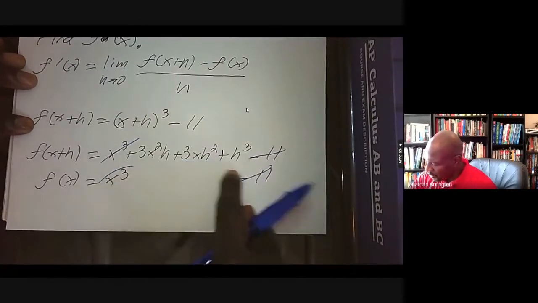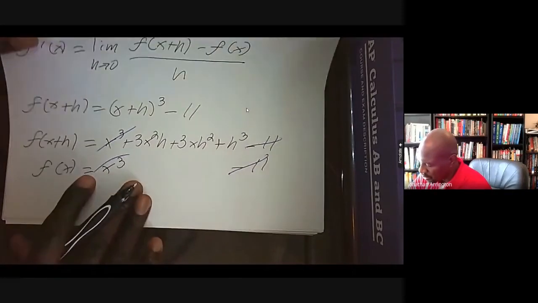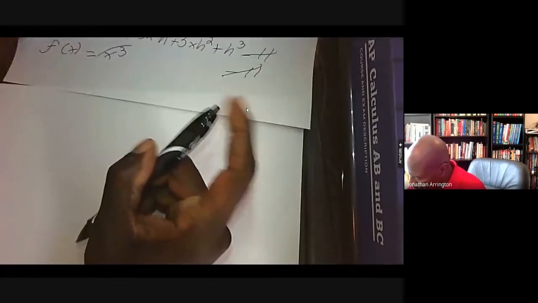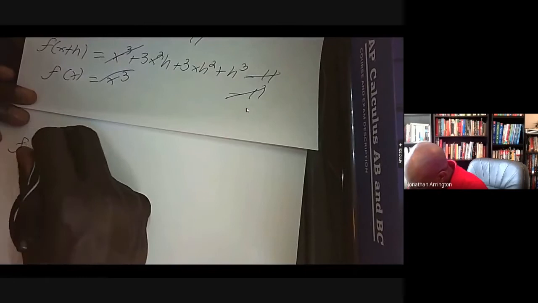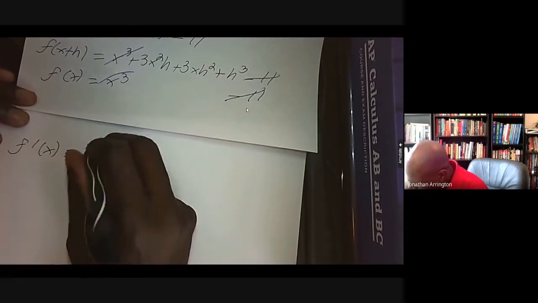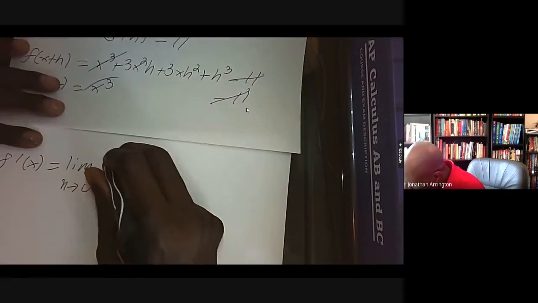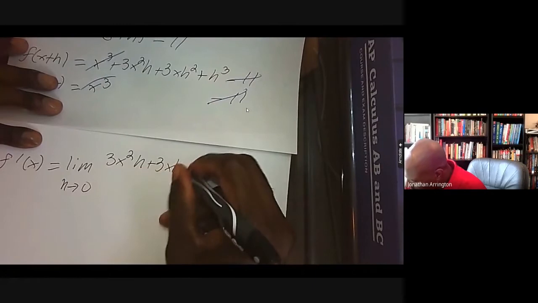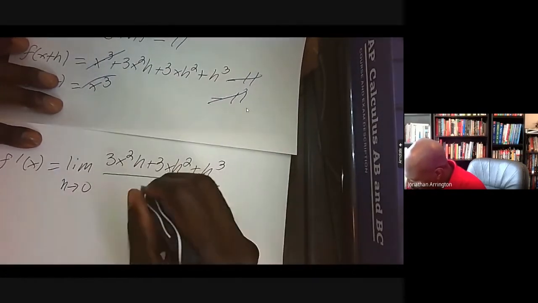I'm left with this over h, and I'm going to find that limit as h goes to 0. So f prime of x is the limit as h goes to 0 of 3x squared h plus 3xh squared plus h cubed all over h.